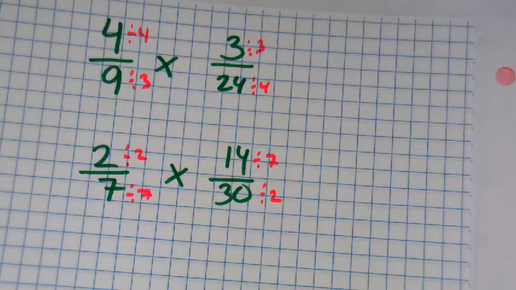Simplify the corners. So then you multiply, what, 3 times 6? 3 and 6.